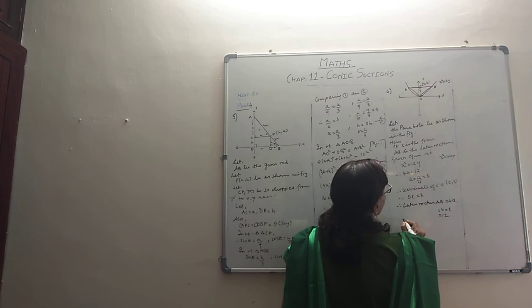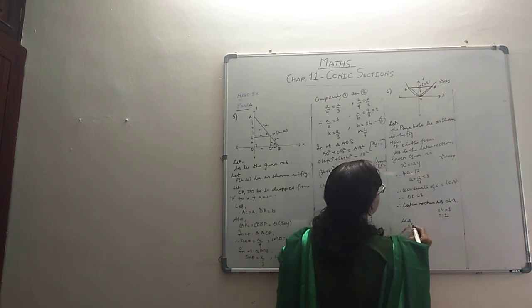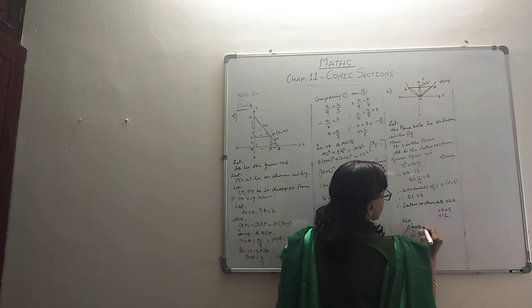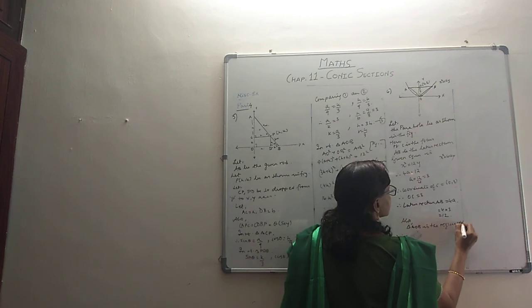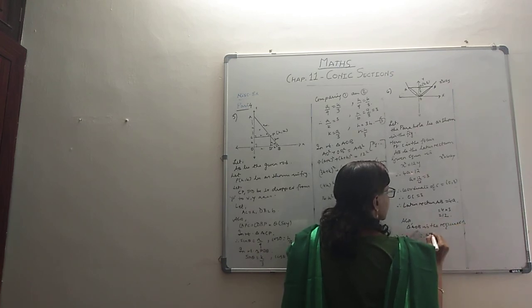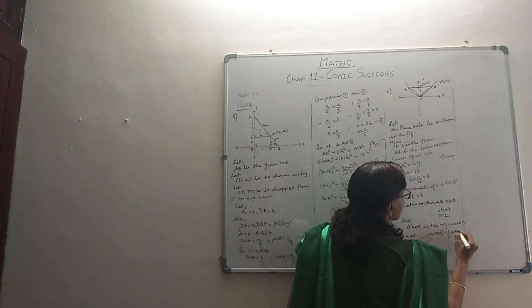Also, triangle AOB is the required triangle, such that the area of triangle AOB, as for any triangle, is half base into height. The base for us is AB and the height for us is OC.